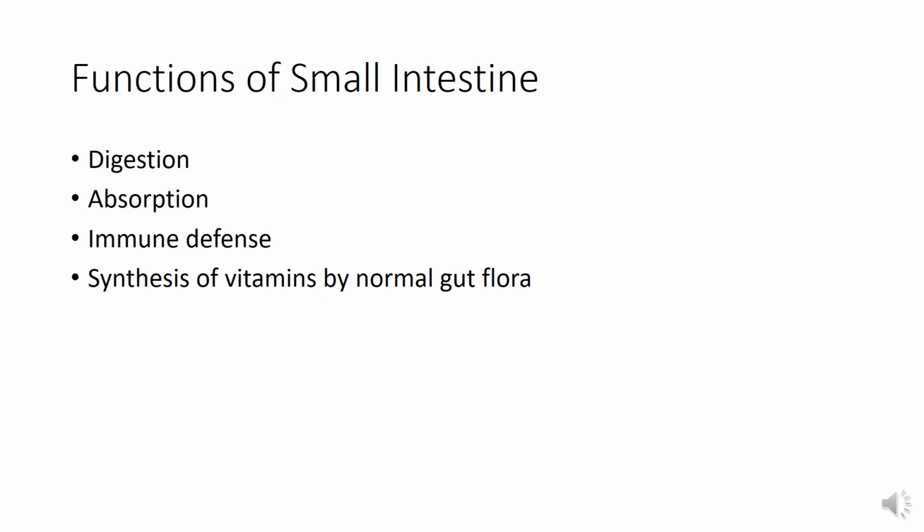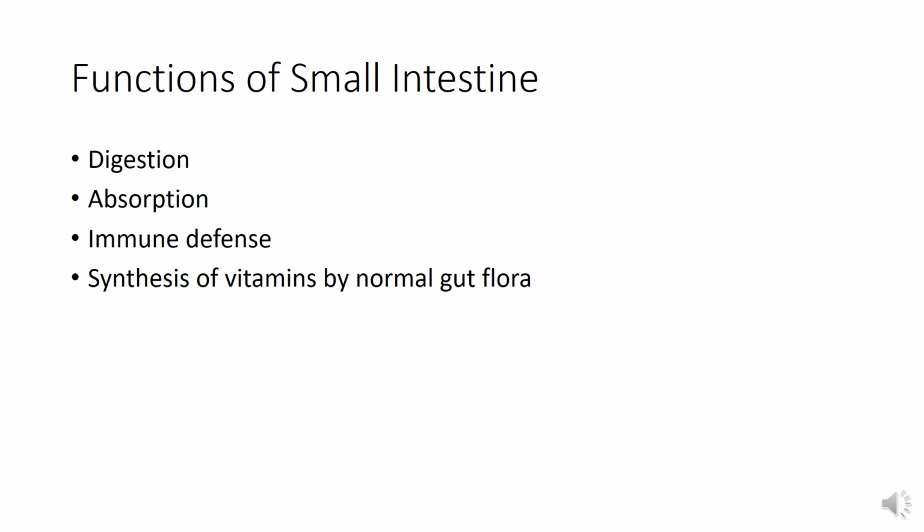They synthesize various types of vitamins, especially the B vitamins. In the small intestine, the gut microbiota synthesizes folate and biotin, which are absorbed into the blood through the intestinal mucosa. So these are some important functions performed by the small intestine.